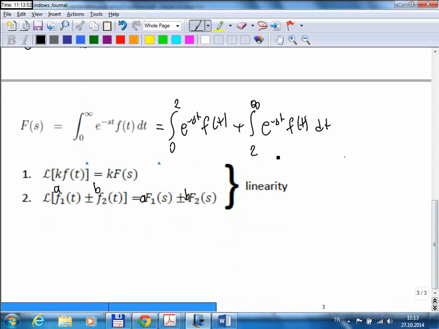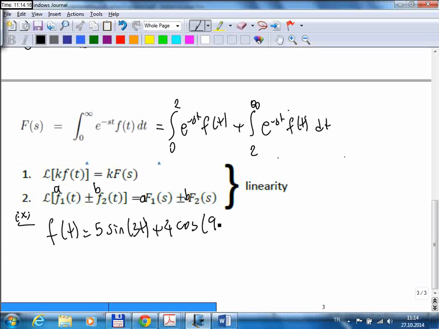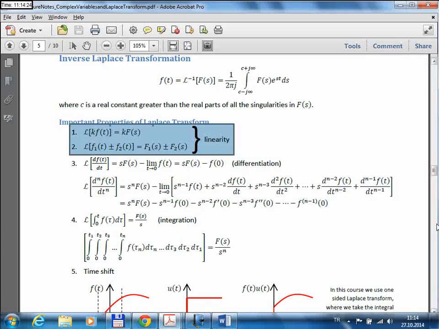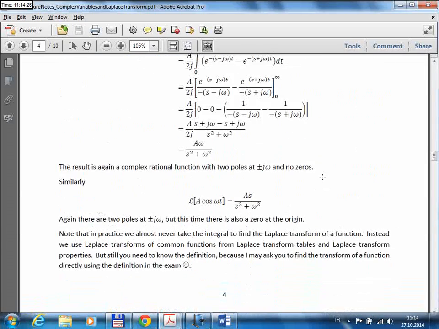So for example, by just using this property, you can easily take the transform of this. If I ask you to take the transform of this function, let me give you the function as 5 times sine 3t plus 4 times cosine 9t, then the transform of this can be taken by using the results we had from here, right?